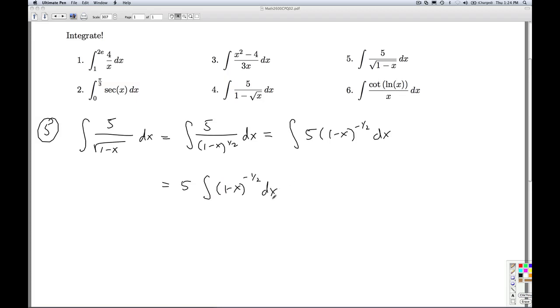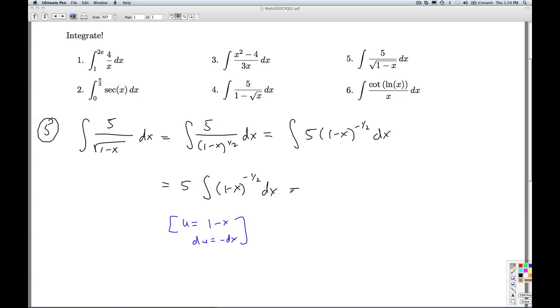And what we have in our hands here, folks, is nothing more than a power rule from Calc 1. Now, I'm not going to dignify this with a u substitution, but if you need to, you could let u be 1 minus x, the du be minus dx, and you can go on your merry way.